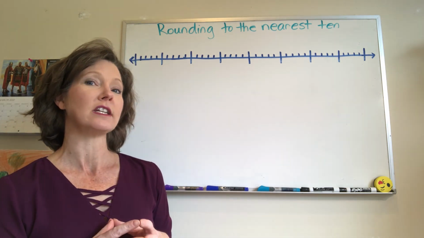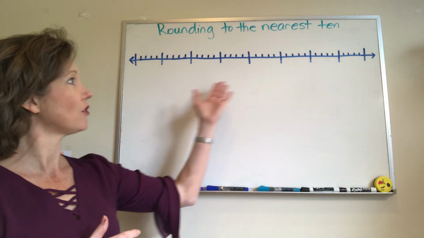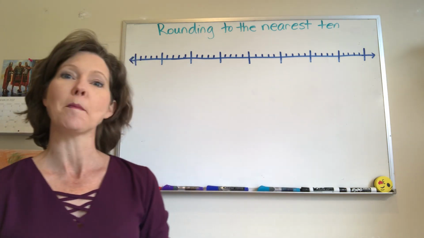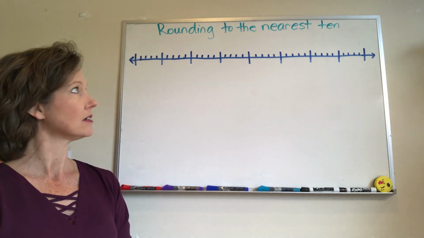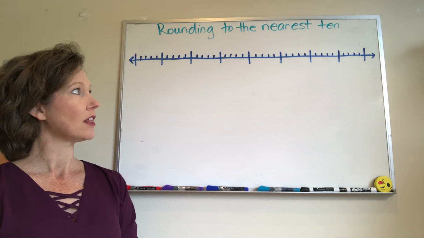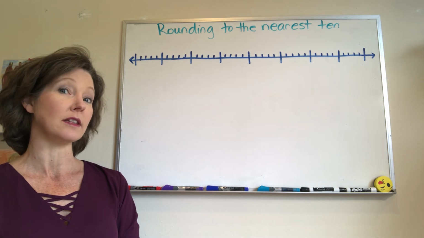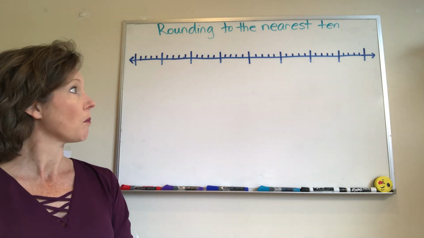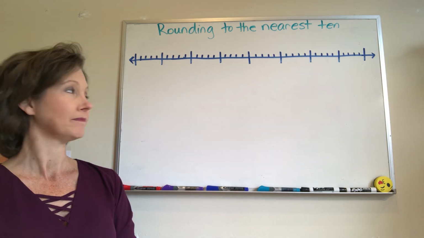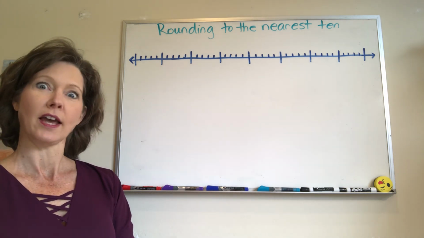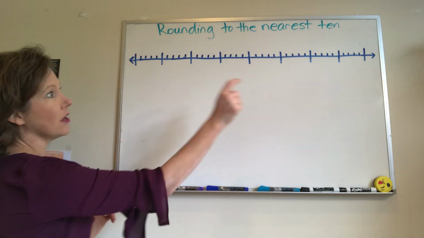When you're rounding to the nearest 10, you can use what we have on the board here, which is called a number line. Notice what's different about this than some of the other line segments that you've seen in the past. Look at the very ends of my line. Yes, they have arrows on them.